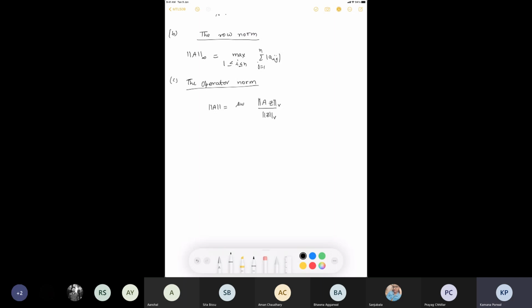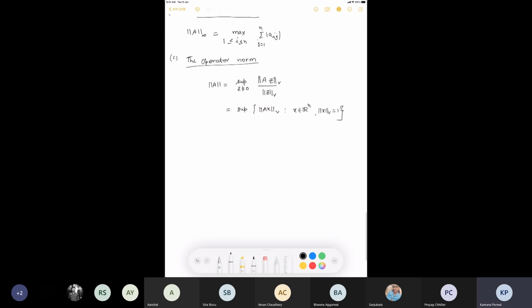And then I'm taking the supremum over all z which are not equal to 0. Okay. So you can observe that this is the same as if I write this as the norm of Ax such that x is in R^n and norm of x is equal to 1. So both definitions are the same.